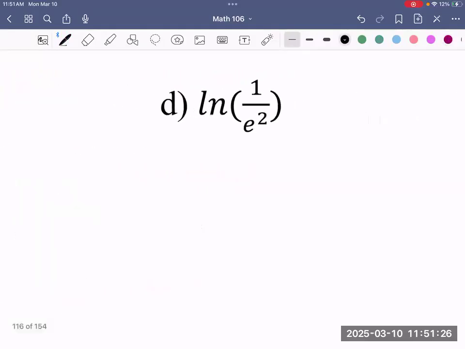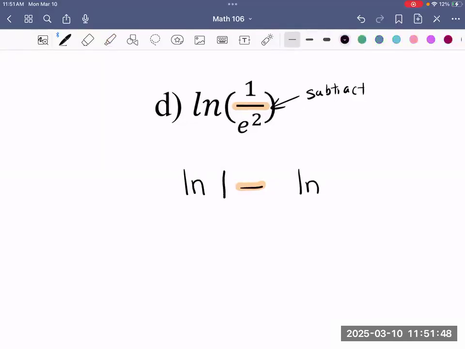Here, keep in mind, it's kind of the reverse aspect of it. You see division, right? In which case division is going to turn to subtraction. So some sort of a subtraction between your ln values. So subtraction between ln of 1 and ln of e squared.